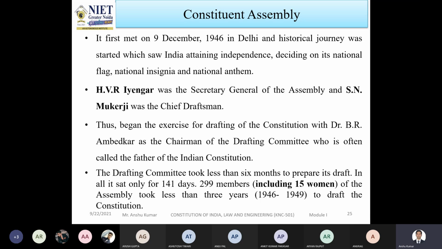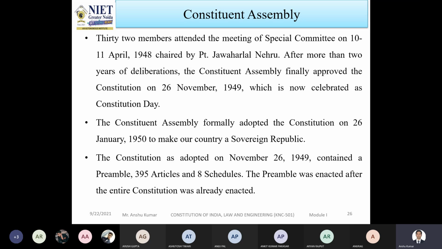The Assembly took less than 3 years, around 2 years, 11 months and 17 days, to draft the Constitution, and finally it was ready on 26th November 1949.